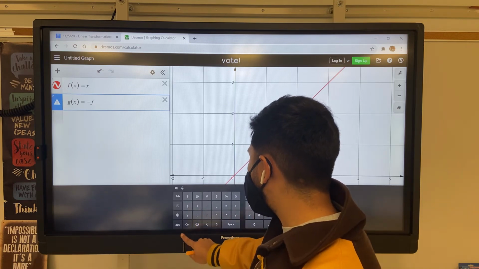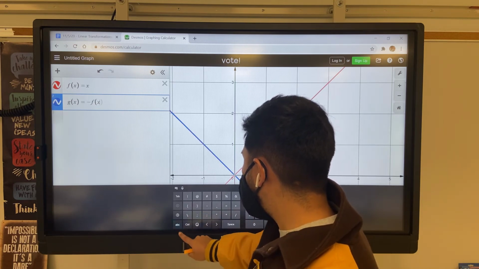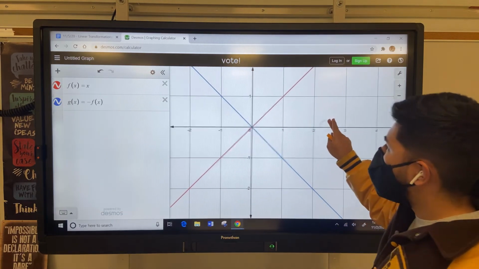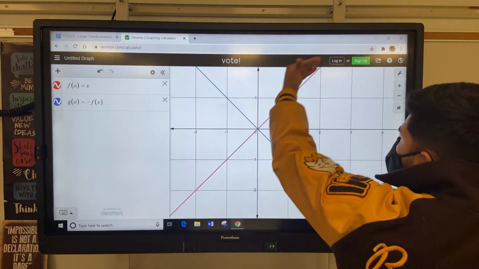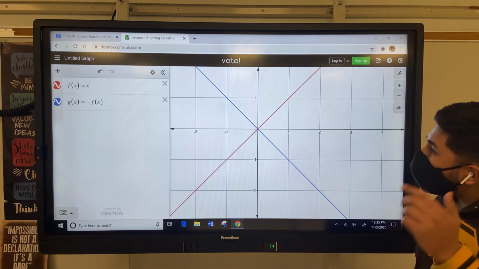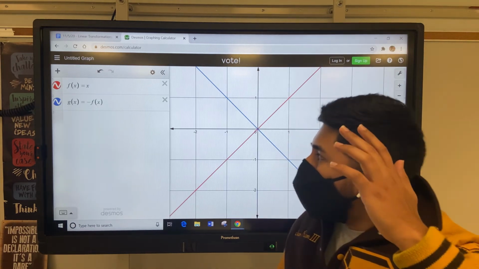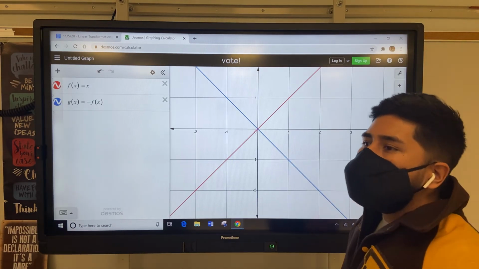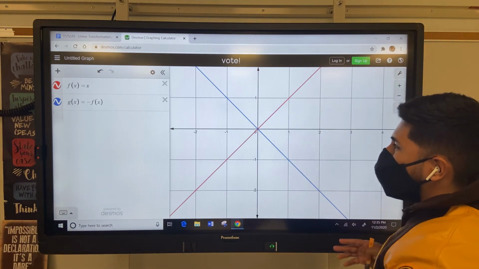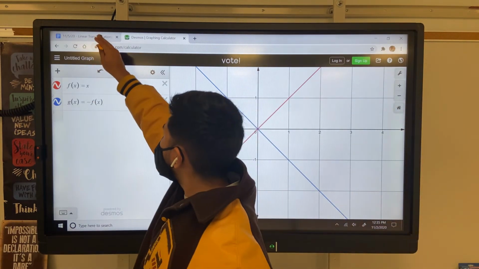Negative f of x. So it went from positive slope, went down to a negative slope. That's all the negative is. And we'll do more examples with negatives when we get to quadratics because it doesn't make that much sense right here. Okay.